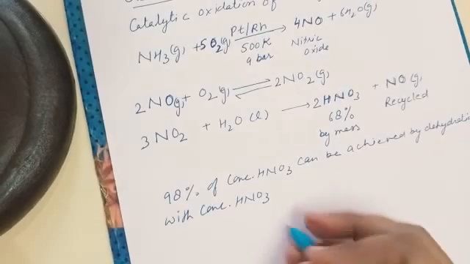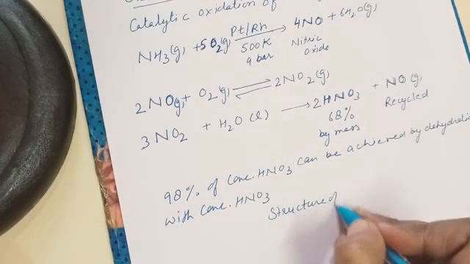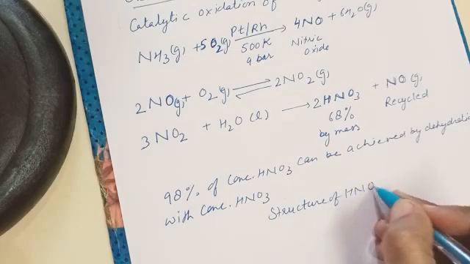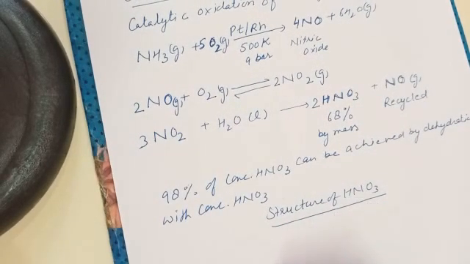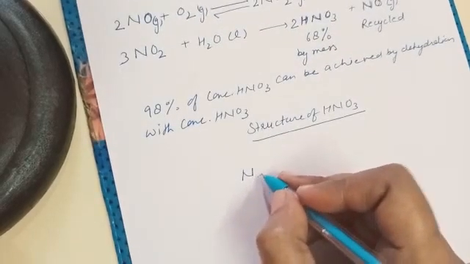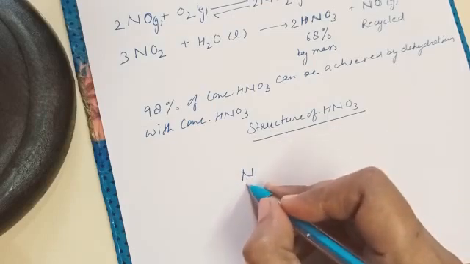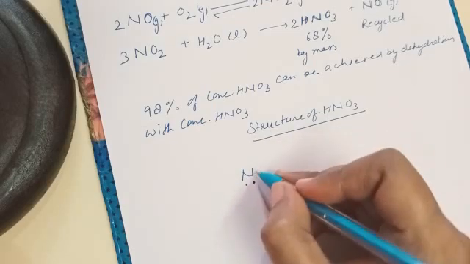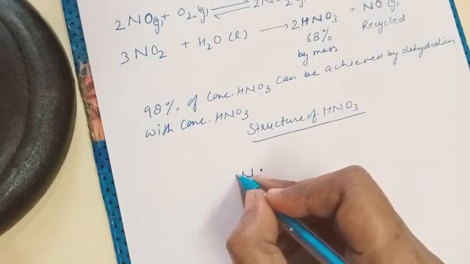Now talk about the structure of HNO3. We will discuss here the structure of HNO3. We know nitrogen has 5 electrons. Okay, these 5 electrons: 1, 2, 3 and 4 and 5.